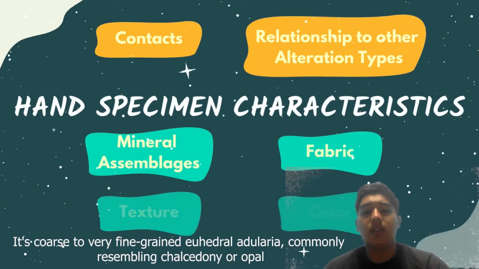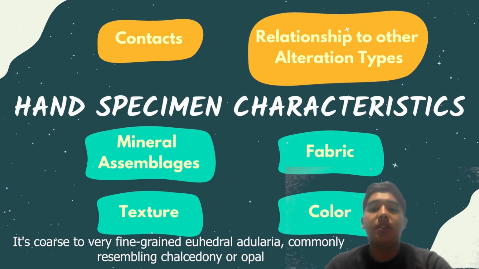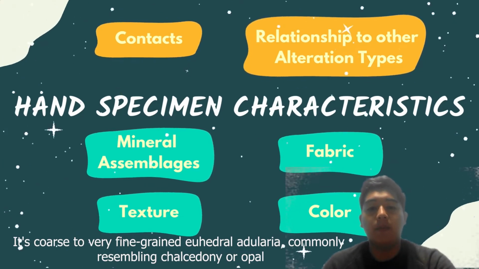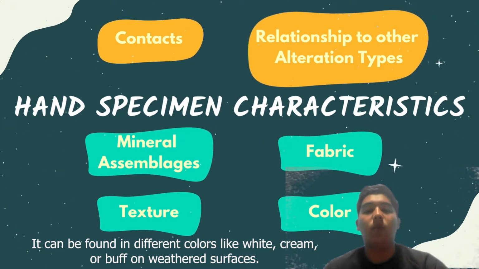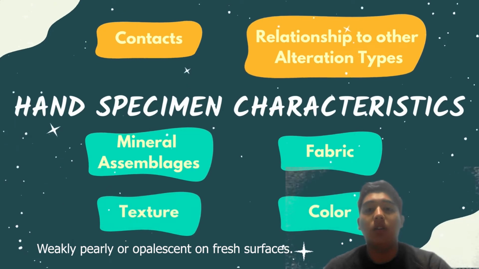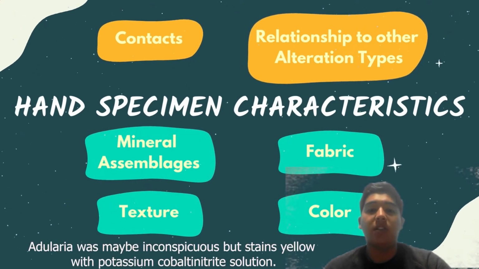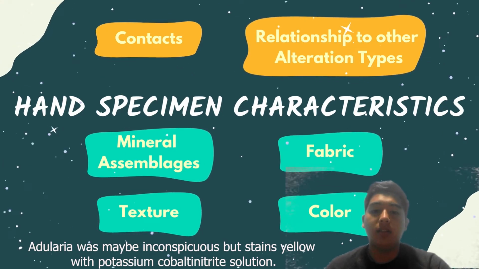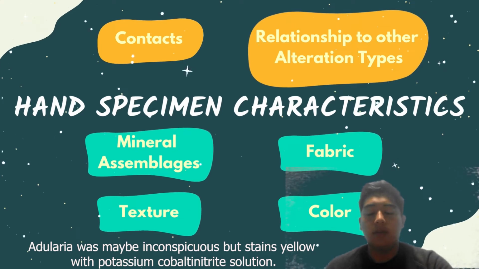It is fine-grained to very fine-grained adularia commonly resembling chalcedony or opal. It can be found in different colors like white, cream, or buff on weathered surface, weakly pearly or opalescent on fresh surface. Adularia may be inconspicuous but stained yellow with sodium cobaltinitrite solutions.